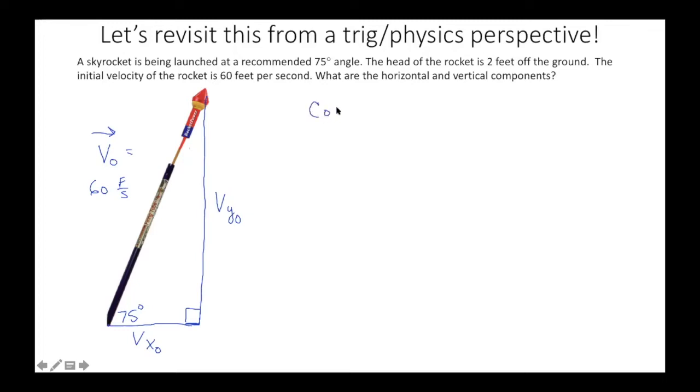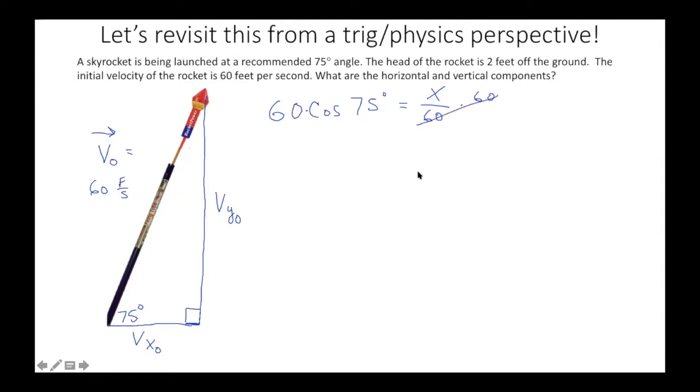The cosine of the 75-degree angle is equal to adjacent, which is the x component, over the hypotenuse. The hypotenuse was 60 feet per second velocity. So we're just going to call that 60, okay? So now to get x by itself, multiply both sides by 60. All right, cross that out.